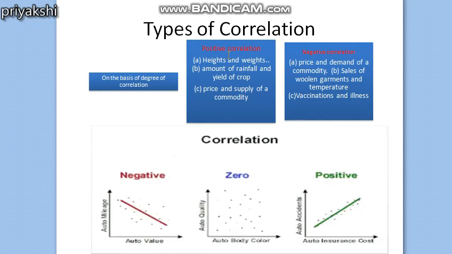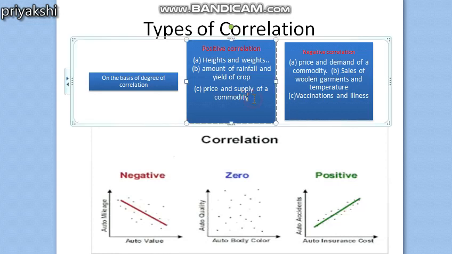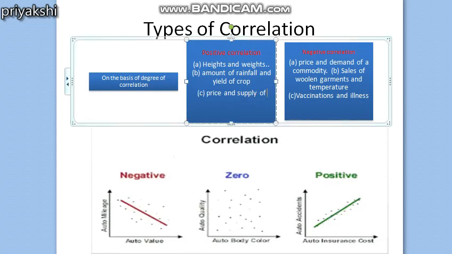Positive correlation examples are height and weight. The height of a person will increase, and like that the weight is also going to increase. Or the amount of rainfall will increase, and there is a probability of increasing the yield of a crop. So these are known as positive correlation.